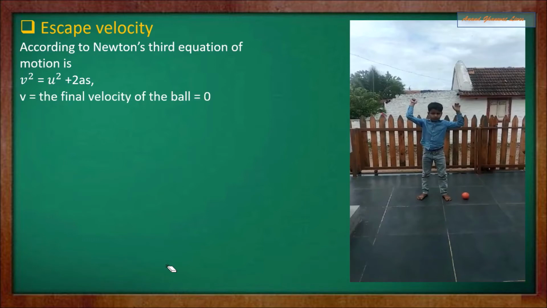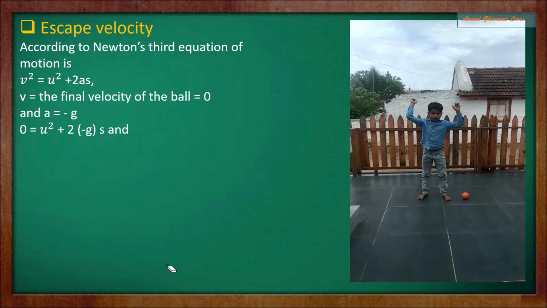When the ball reaches maximum distance at a certain time, velocity becomes zero, so v, the final velocity, is equal to zero. If acceleration is in the opposite direction of the velocity, then it is taken as negative. Here the acceleration due to gravity is vertically downwards and the velocity of the ball is vertically upwards. Therefore it is in the opposite direction of the velocity and hence a is taken as negative.